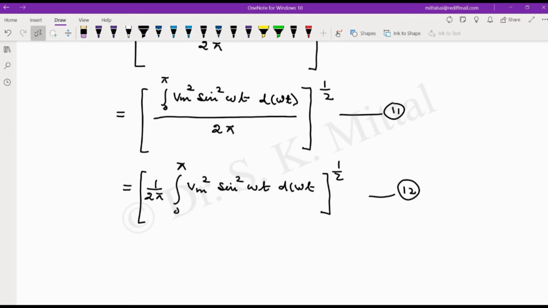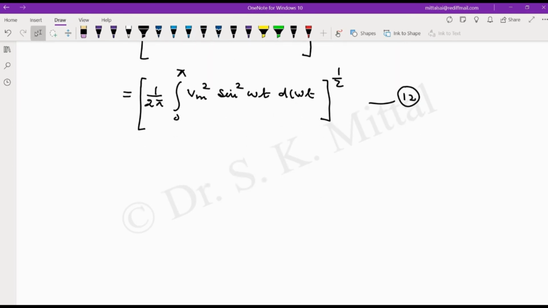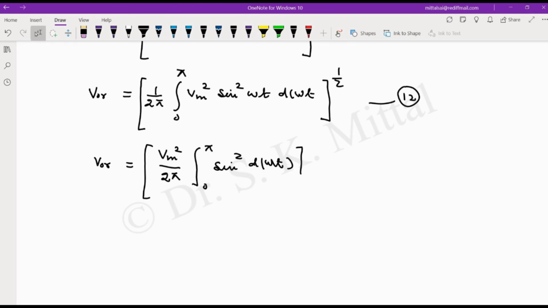Now since Vm square is again a constant, the RMS value of output voltage can be obtained by taking Vm square out of the integral sign, and then integral sine square omega t d omega t, all to the power 1 by 2.